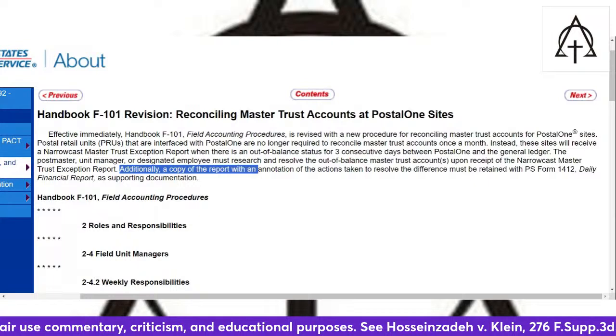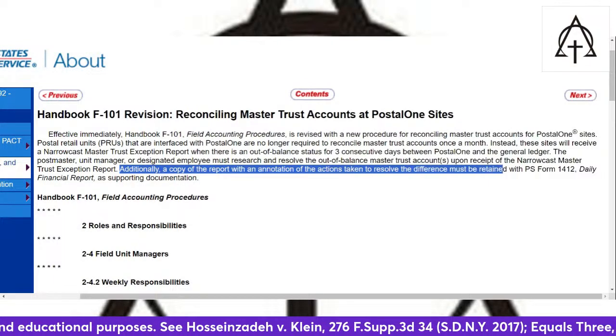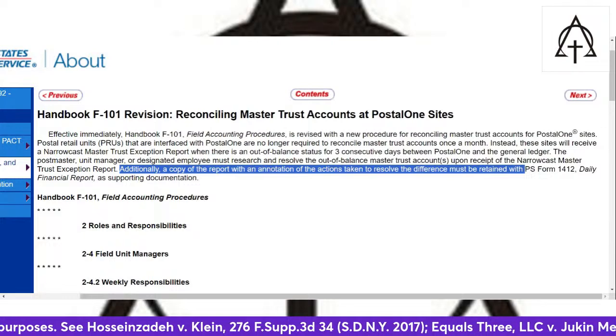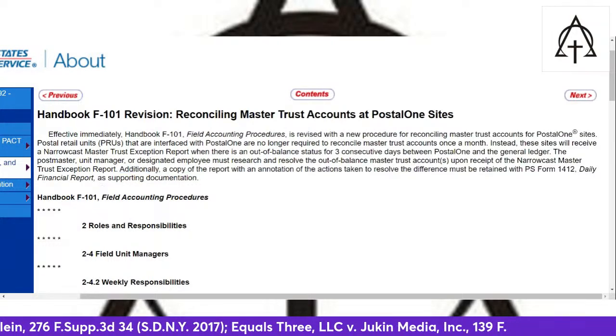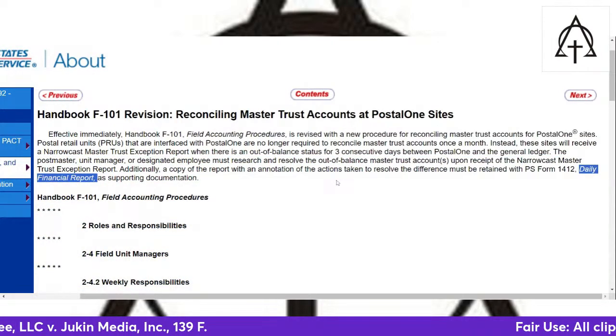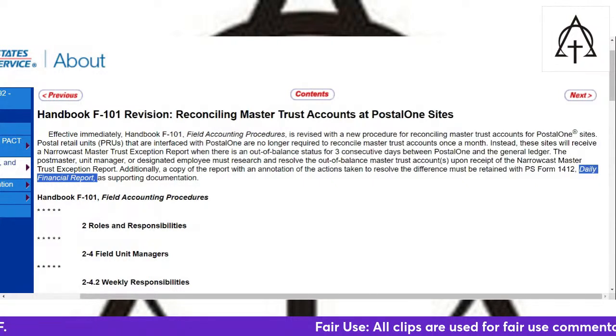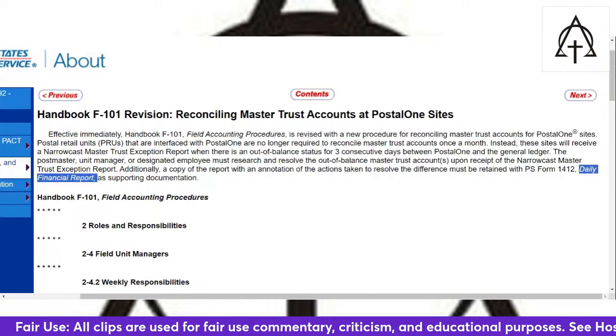Additionally, a copy of the report with an annotation of the actions taken to resolve the difference must be retained with PS Form 1412, Daily Financial Report, as supporting documentation. See, all the documentation, like I've said many times, is supposed to have supporting documentation. So when you get that birth certificate, you can't just send it in and say, hey, you got to have your supporting documentation.